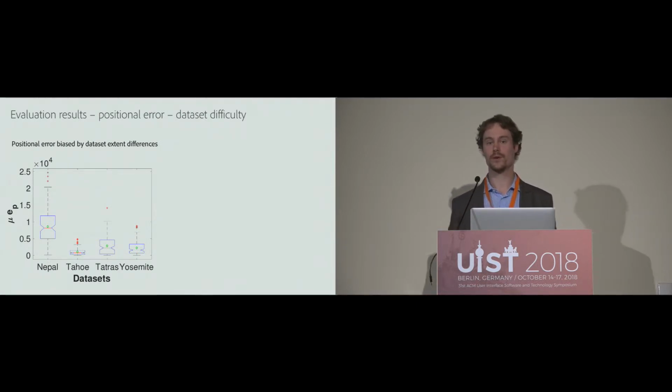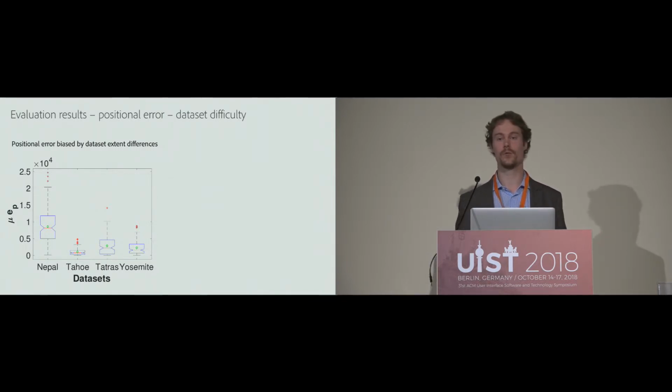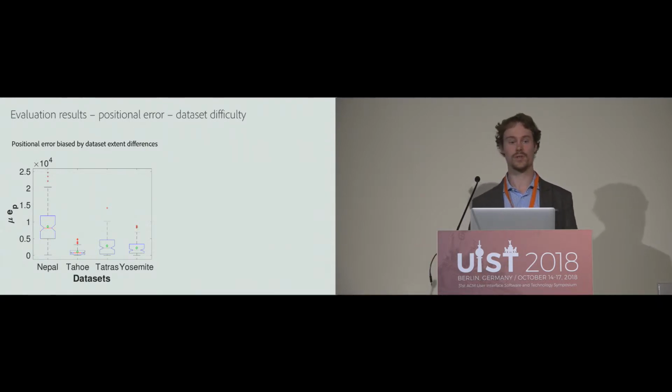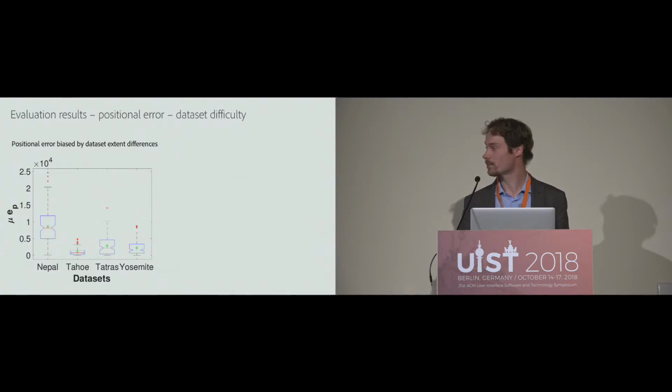The important thing about our study is that it was really difficult to evaluate, because we have 4 different datasets, which are basically 4 different conditions, and all these datasets have very different spatial extents. So, for example, the Nepal dataset is a very large area, and the Lake Tahoe is a very small area, but we need to somehow compare these with respect to each other.